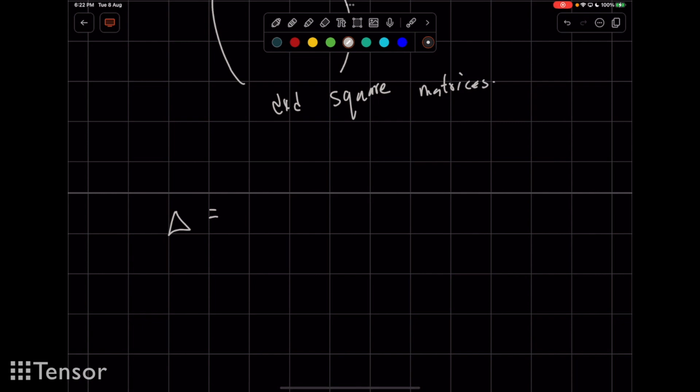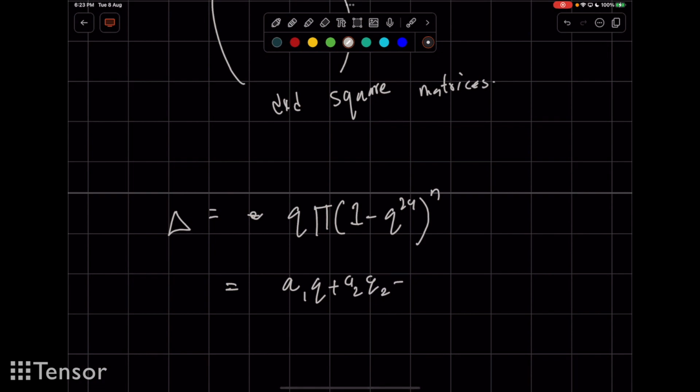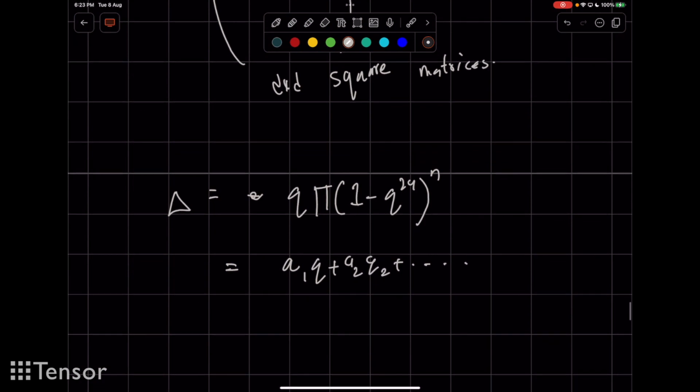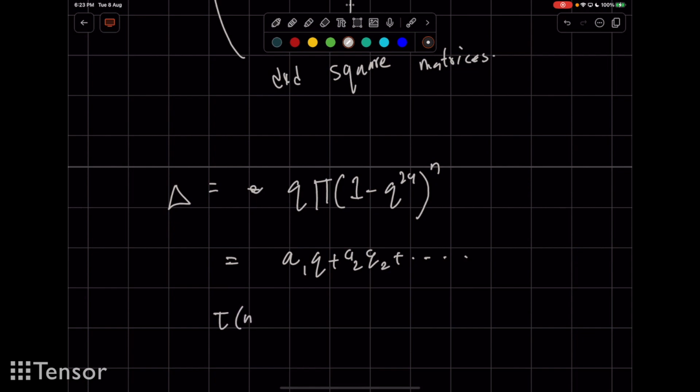And this can be written like this: q times the product of (1 minus q^n) to the power 24. And of course it has a q-expansion that goes like a1 q plus a2 q squared and so on. So Ramanujan's tau function is actually this.